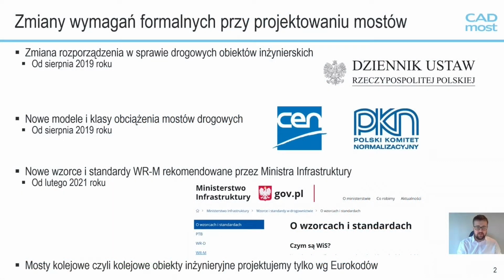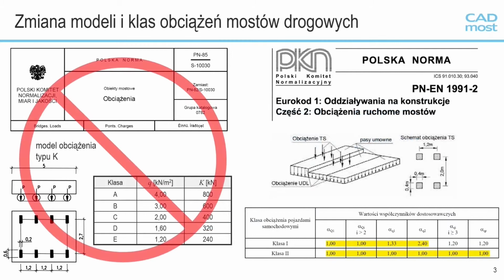Recently, engineers have faced quite a lot of changes. Particularly, the change of the regulation on road engineering structures requires application of new load classes when you design road engineering structures. By the same token, Eurocodes have been implemented, which so far have been used only for railway bridges or railway engineering structures.